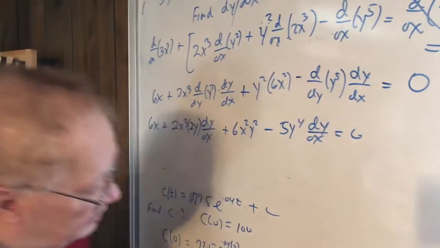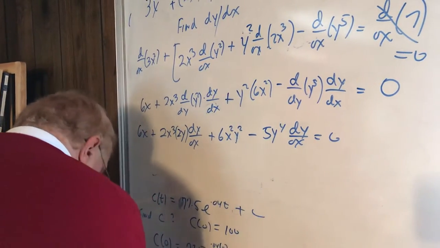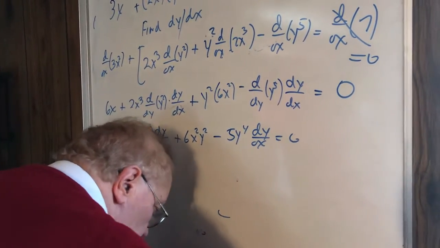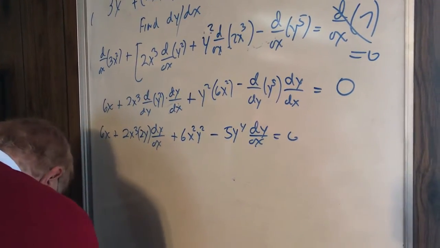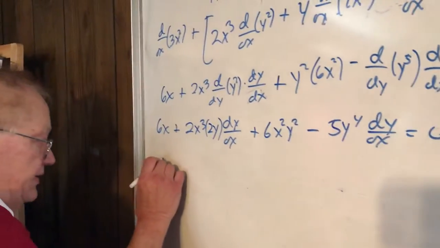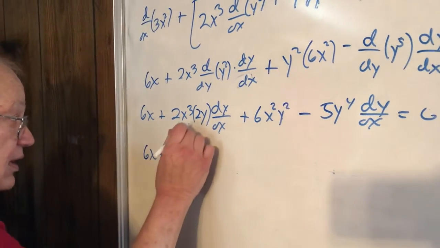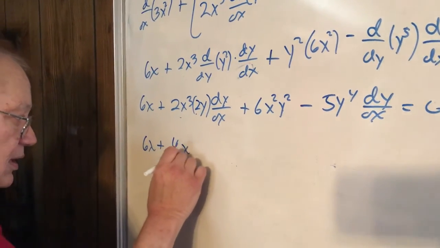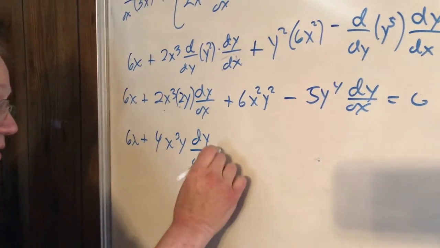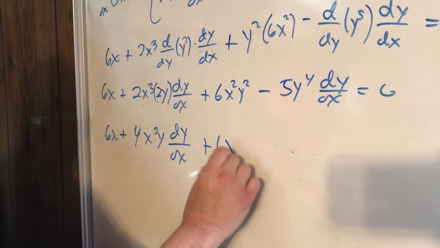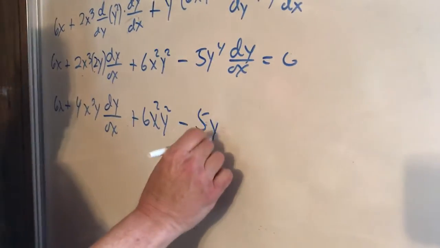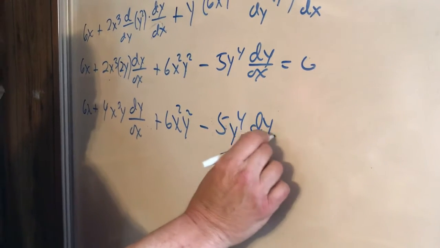All right. Let's erase the bottom part here and continue. We'll clean things up a little bit. 4x third y dy/dx plus 6x squared y squared minus 5y to the fourth dy/dx.